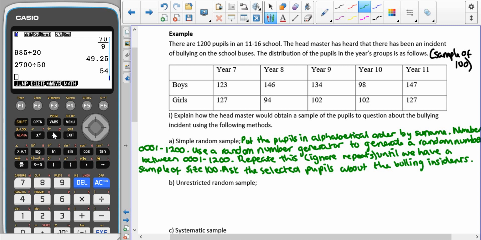I have seen some pupils before say that they're going to give a questionnaire to barnyard animals. You have to make sure that what you are trying to do is what the question is asking. So in this case, we're wanting to question them about the bullying incident. So we have to say that that's what we're going to do at the end. Okay? It has to fit in with what we are doing when it tells you why you are doing the sampling method.